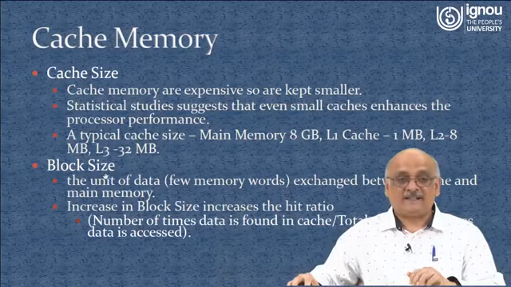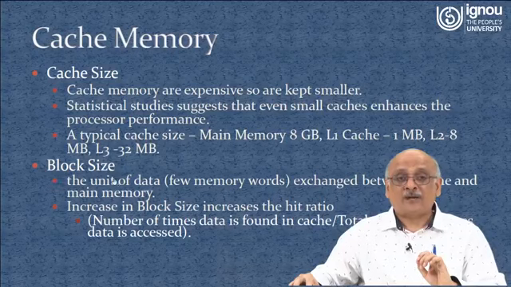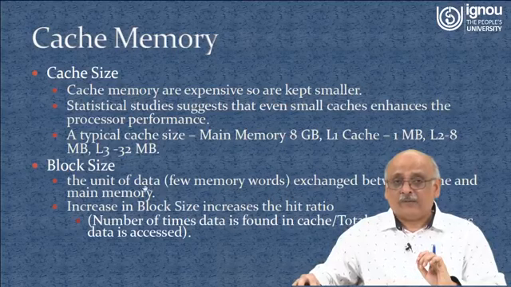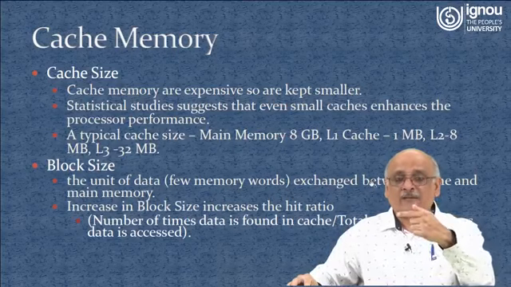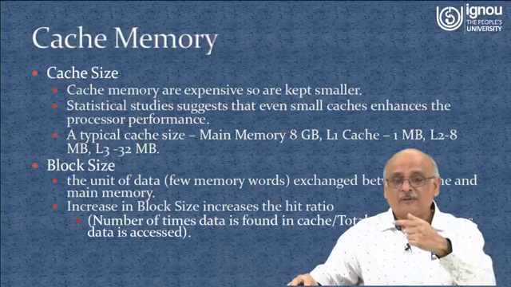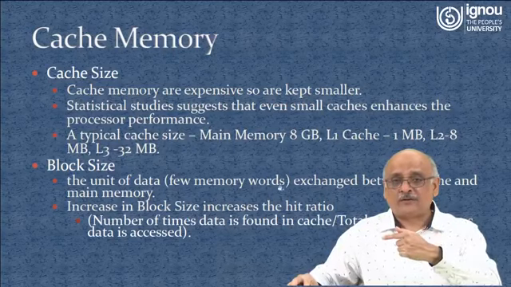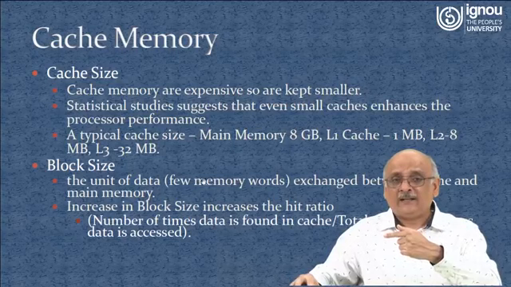Then the block size. Now this is very, very important. The block size is the unit of data, which can be a few memory words, exchanged between cache and the main memory. RAM has one unit only, right? So one word of RAM, second word, third word, and so on, and those words are converted into blocks.